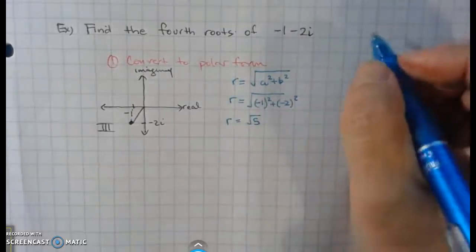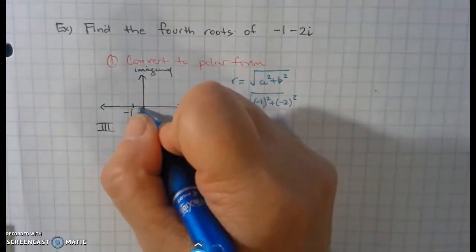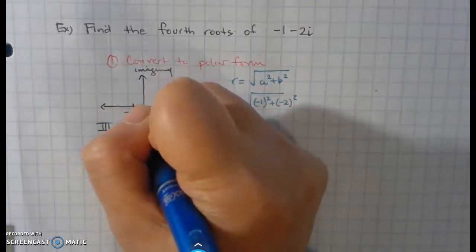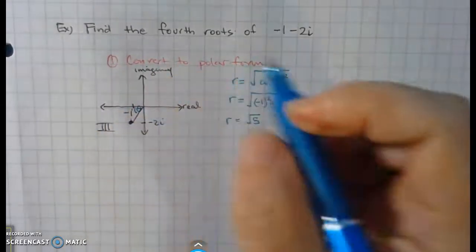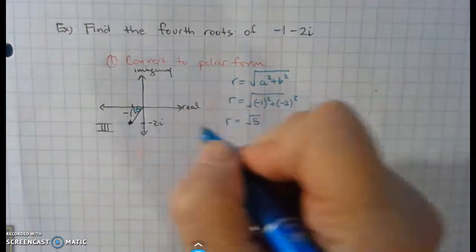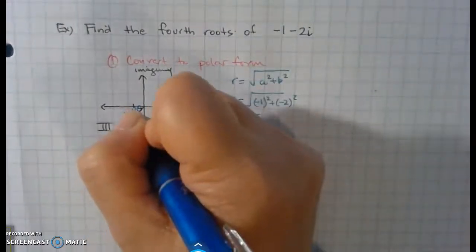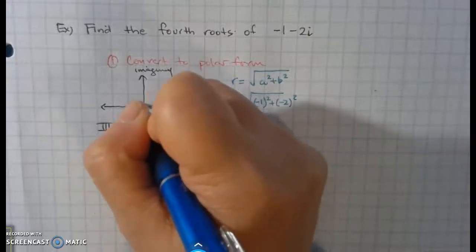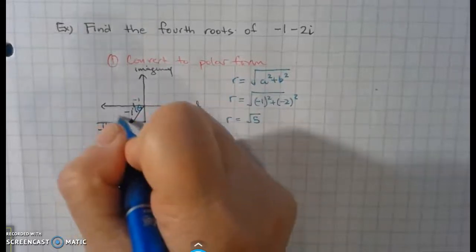What about the angle measure? Well, this is the angle that we're interested in, and this is actually the reference angle as well. In this case, this is -1 here, and this is -2.